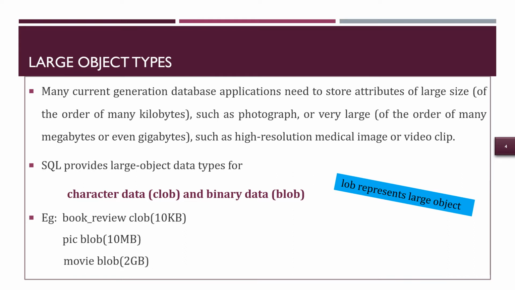Similarly, to store an image of 10 megabytes, we can define it as pic BLOB(10MB). And for storing a video clip, we can give it as movie BLOB(2GB). Since video will have a larger size, we have to specify that in terms of gigabytes. So we can specify large object types using the data types CLOB and BLOB. CLOB can be used for representing character data and BLOB can be used for storing images as well as video clips.